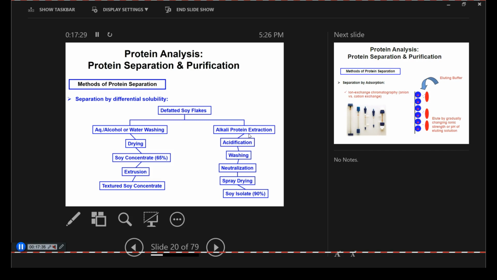So we start off with the defatted soy flakes, and from there are two routes. There is a route to produce a concentrate and a route to produce an isolate. Both are based on solubilization.